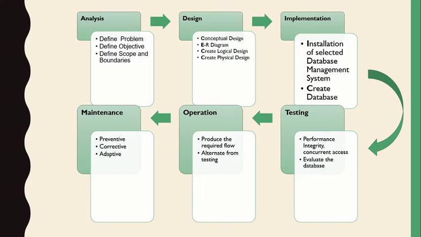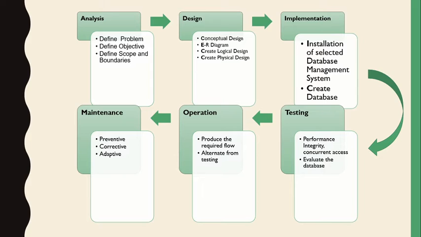Then the second phase is design. Once the organization has decided to develop the database, the different models for database designing are considered. Then the entity relationship diagram is created, and the logical design and physical design are performed. The third phase is the implementation phase.